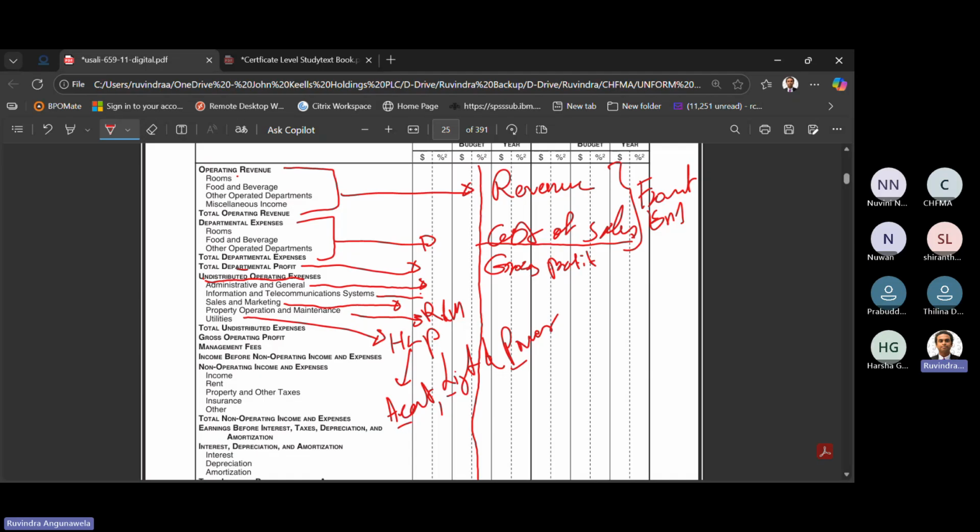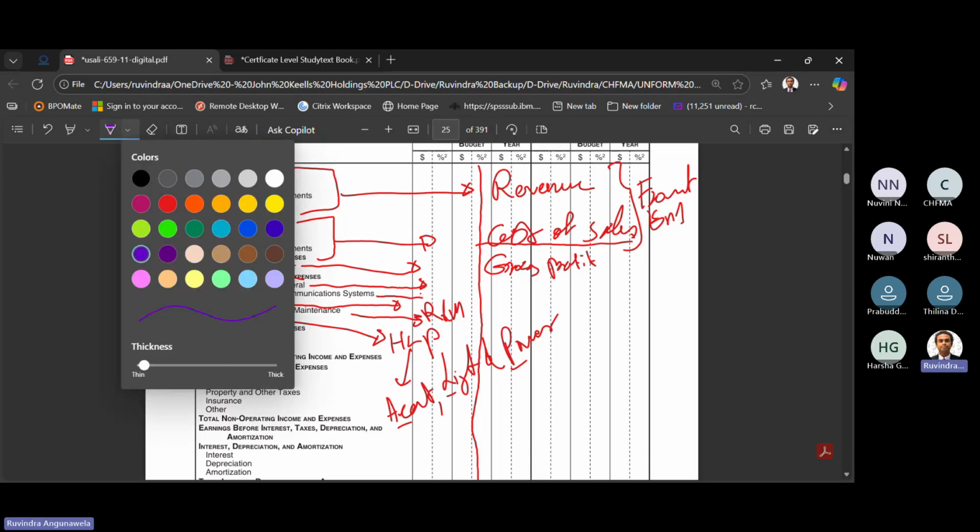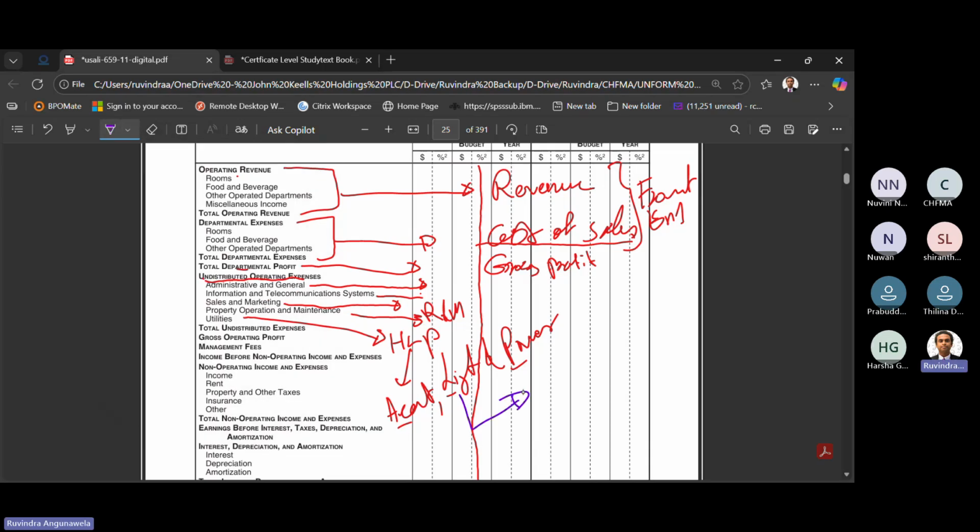When you talk about heat, light, and power expenses, what is included in them? Costs like electricity, costs like fuel for heating and so on. For boilers, you use fuel.